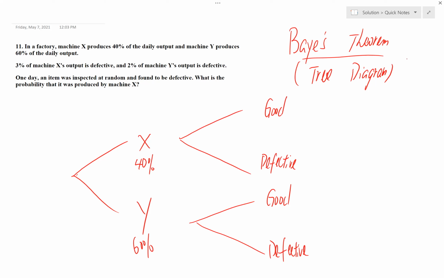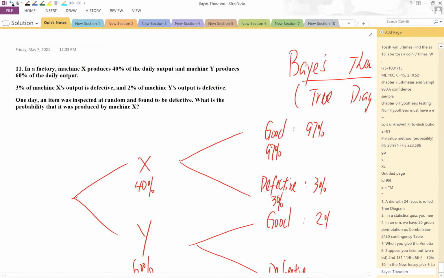Now, defective rate for machine X is 3%. So this is 3% basically, defective rate, meaning 97% of output are good. Okay, so if you want to put it here, that's fine. 97% or 3%. Same thing for machine Y, right? Similar layout, 98% good ones, 2% defective ones.